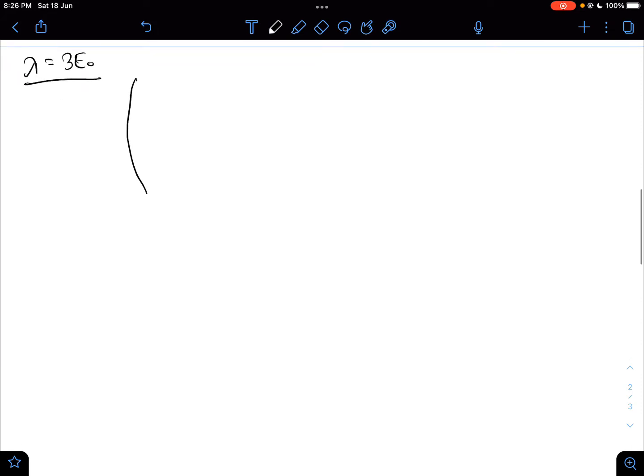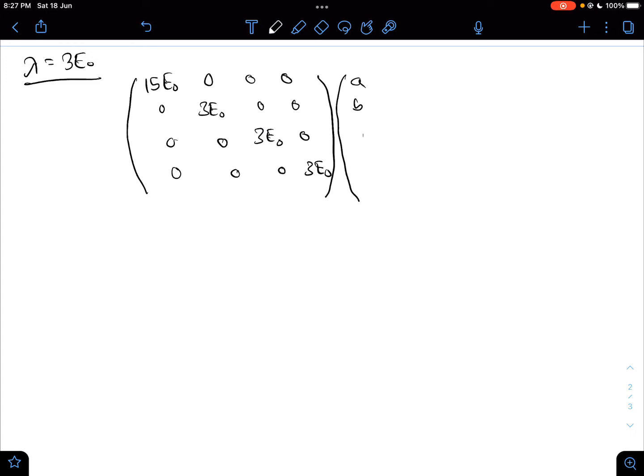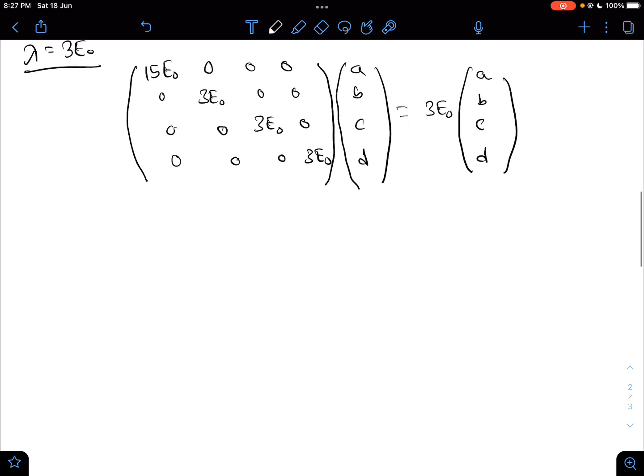Now let us calculate our eigenvector for eigenvalue 3 E0. We have our Hamiltonian, and here we have our eigenvector, which should be equal to 3 E0 times A, B, C, D. What are the conditions?